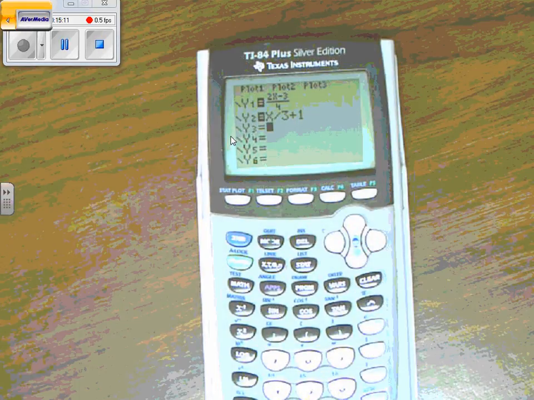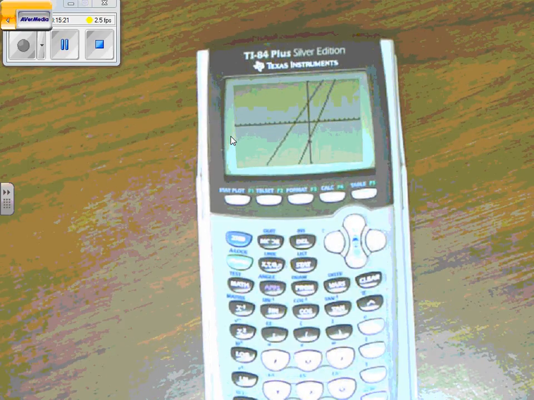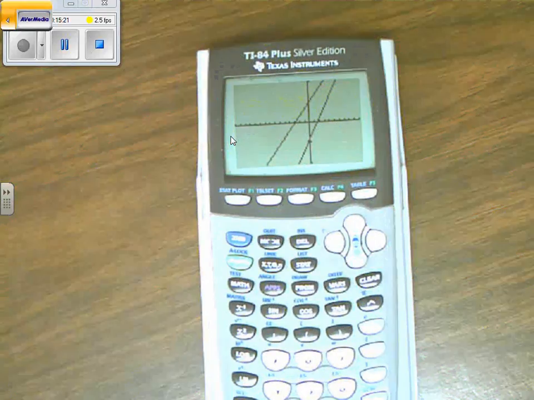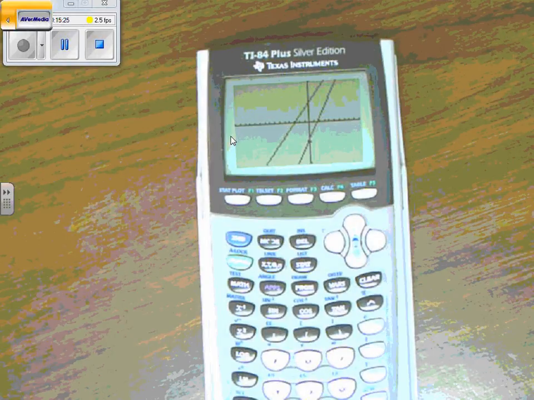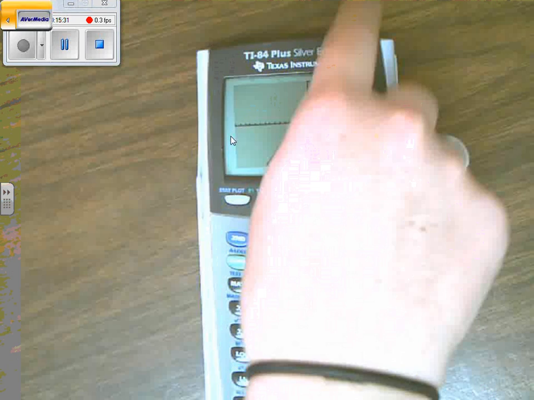Okay, go to graph. I see one of those lines coming up and I see the other line coming up, but my window is really zoomed in, isn't it? Where does it look like those will intersect? Up here somewhere, right? Way up here somewhere. Everyone agree?